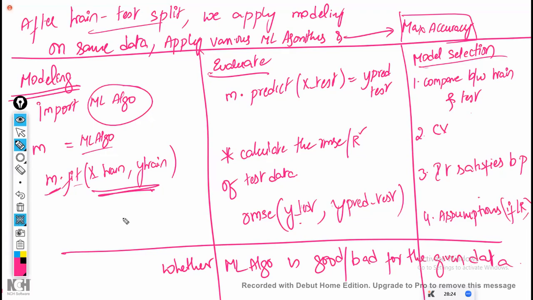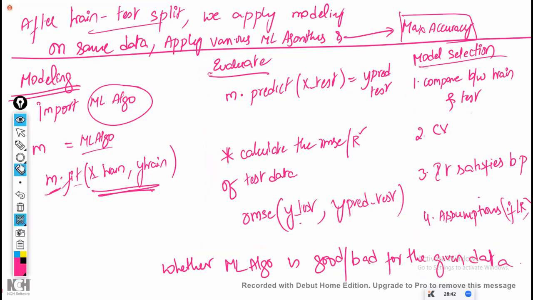Example, we'll have only a maximum of 10. Whatever the 10 algorithms are, we have to apply every algorithm. We have to cross check which algorithm is finally the best one. Is that clear, guys? This is the final conclusion.